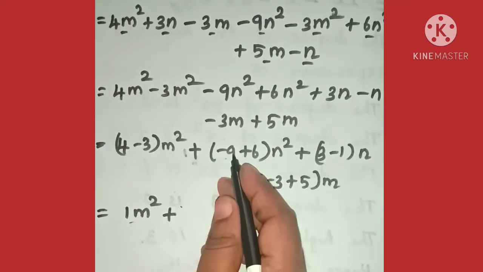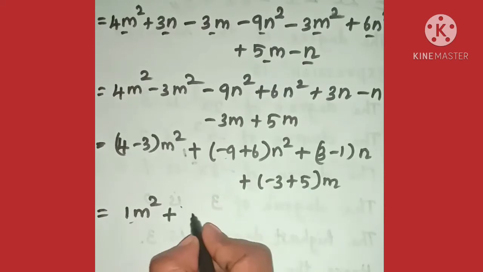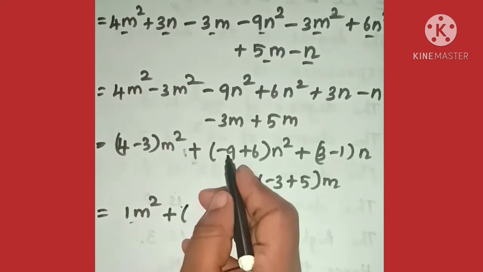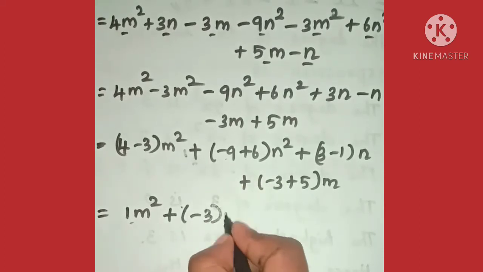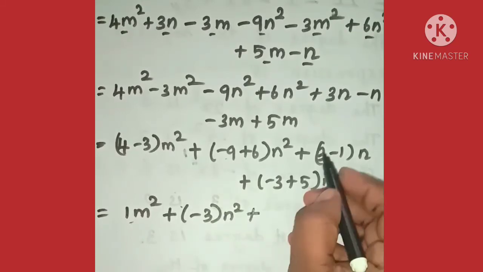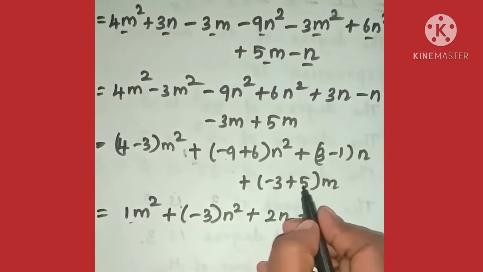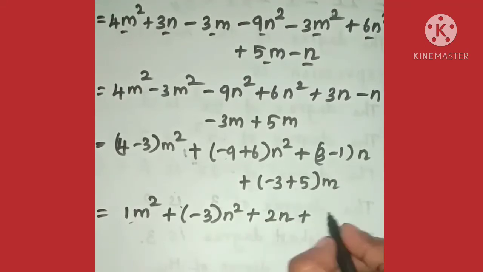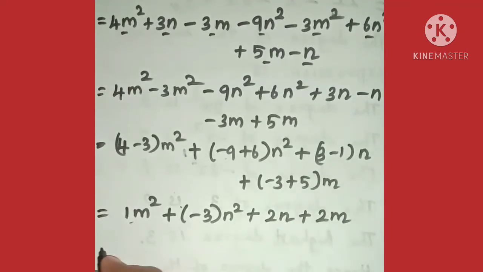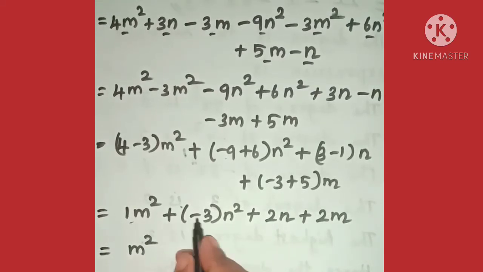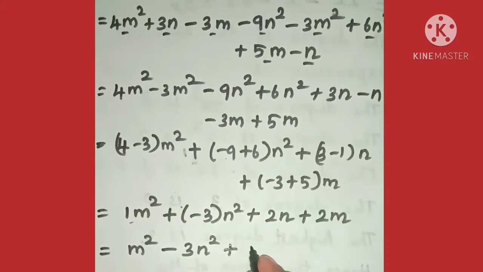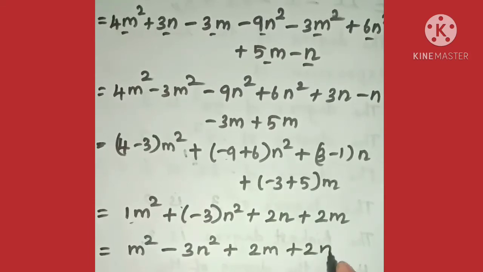So here the difference is 9 minus 6 is 3 and the sign of the larger one is minus. So minus 3n square, plus 3 minus 1 is 2n, plus minus 3 plus 5, 5 minus 3 is 2m. So in the next step we can write it as m square minus 3n square plus 2m plus 2n.